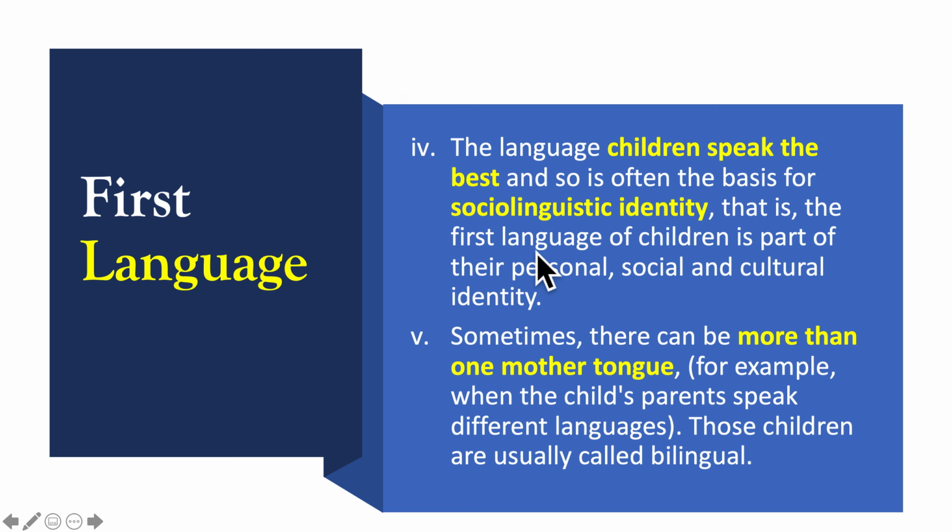That is, the first language of children is part of their personal, social and cultural identity. Point number five, sometimes there can be more than one mother tongue. For example, when the child's parents speak different languages, those children are usually called bilingual.